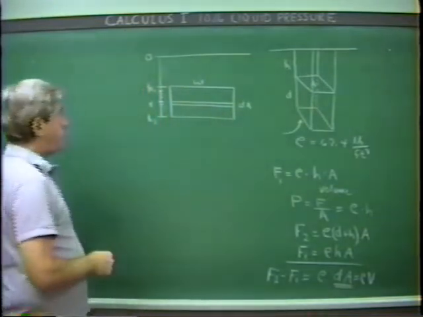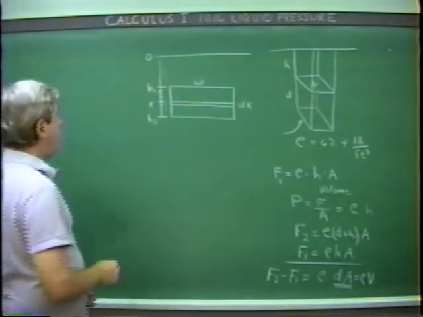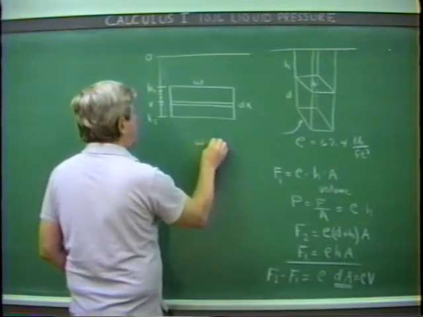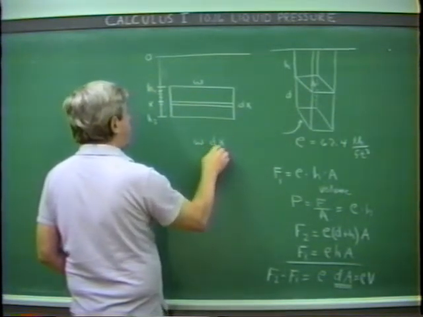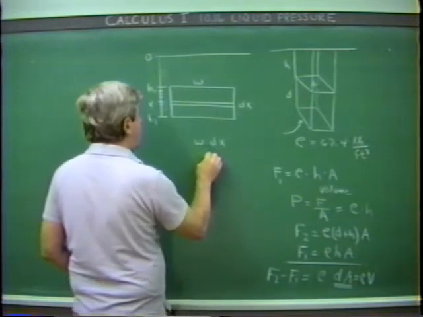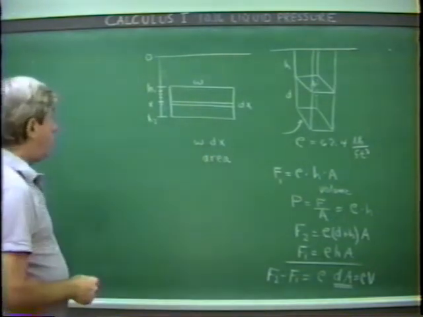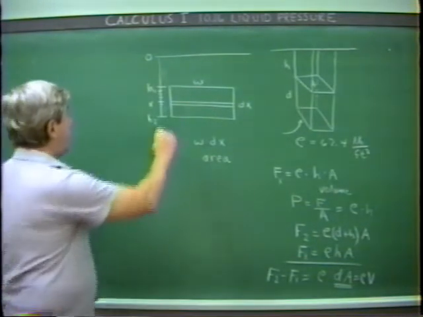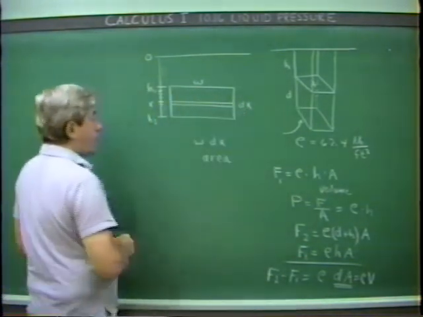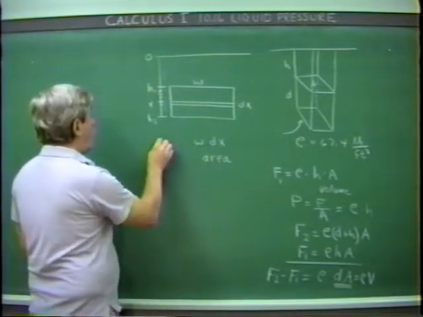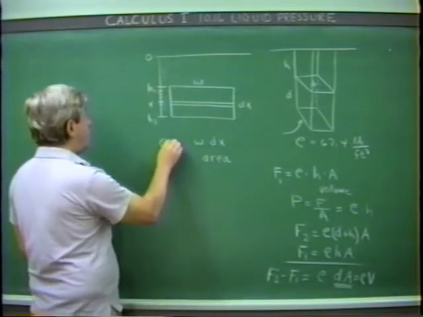If this is 0 up here at h1 and h2, and this is x, and we think of it as being in the interval dx, then w dx, the width times dx, is going to be the area of this little strip.